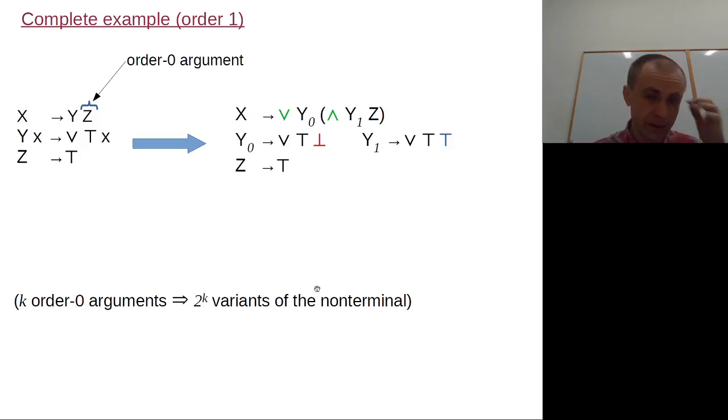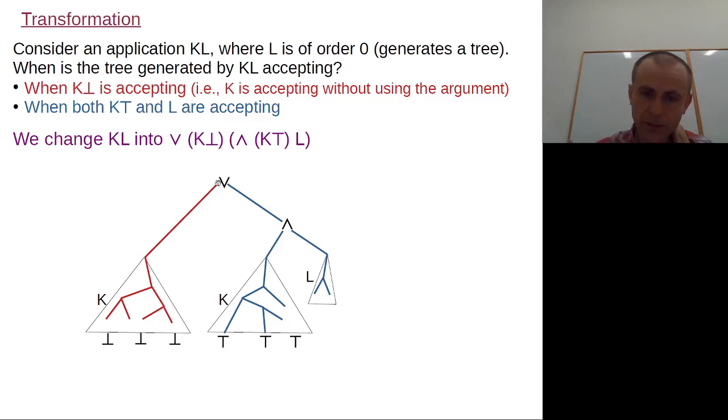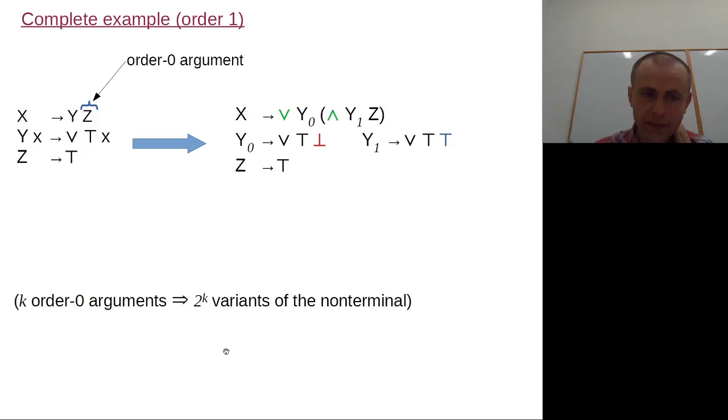Now let me show this on an example of a particular grammar, a particular recursion scheme. We have applied this transformation to this y, z. Instead of passing z to y, we attach it here below this and. We need two variants of this y, like previously we had two variants of k: one with bottoms and one with tops. Now this k is y.